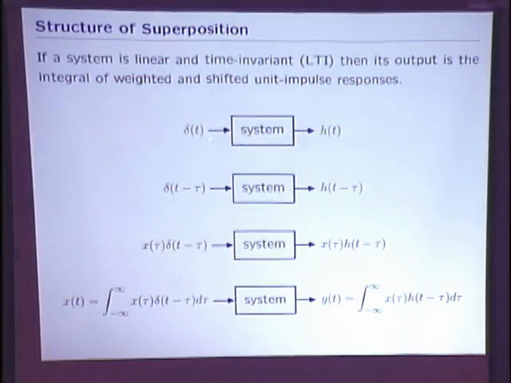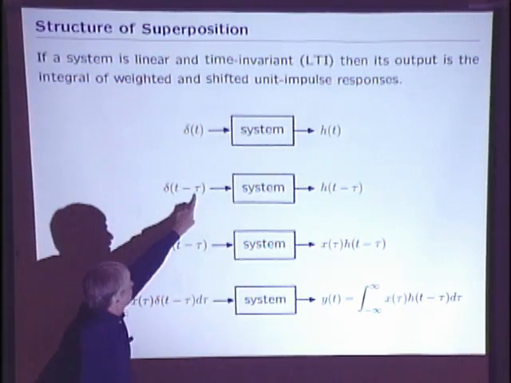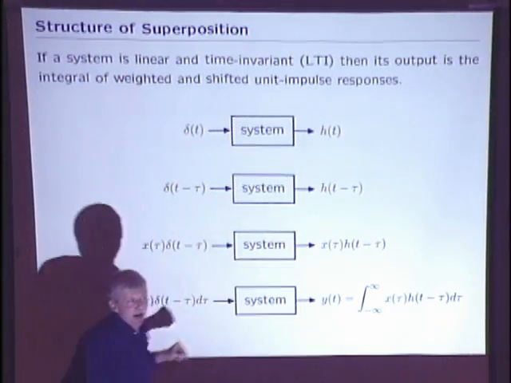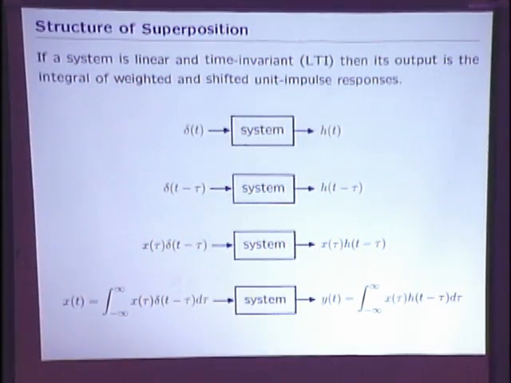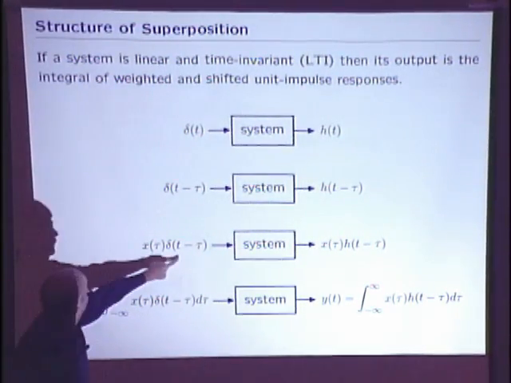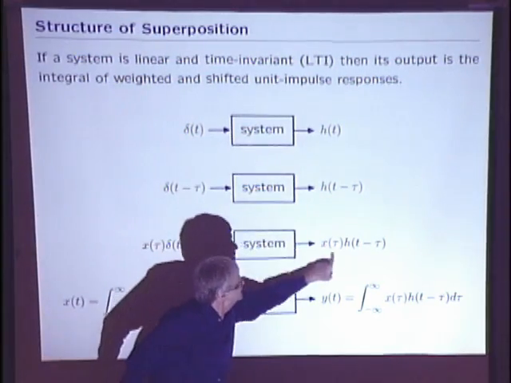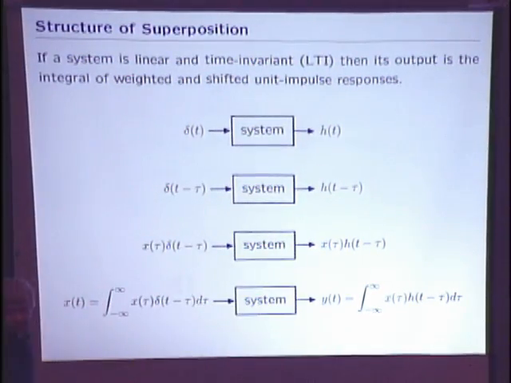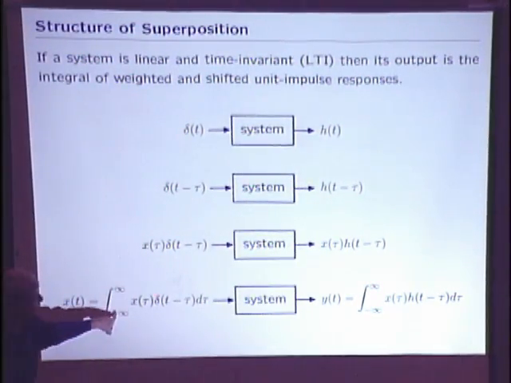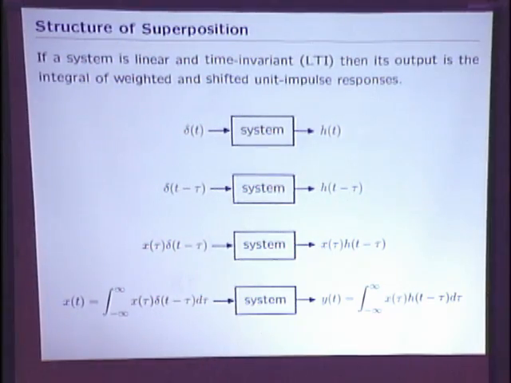So if the response of a system is h of t when the input is delta of t, and the system is shift invariant, shifting this by tau is the same as shifting that by tau. A weighted sum of such things is a weighted sum of such things, and a sum of such things is the sum of such things. So I get an expression, which we'll think of as convolution for CT, that looks just the same.